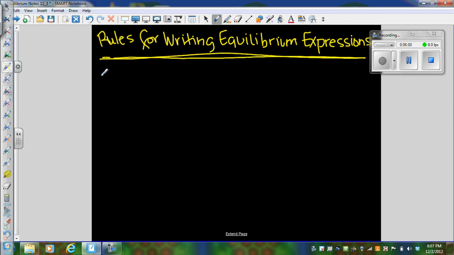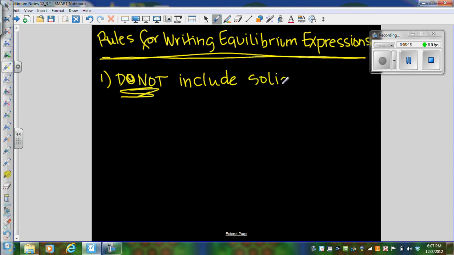Rule number one is that we do not include solids and pure liquids in the equilibrium expression. And the reason we do not include them is because they do not exert a measurable pressure, nor do they have a concentration. So you don't want to include either of those.